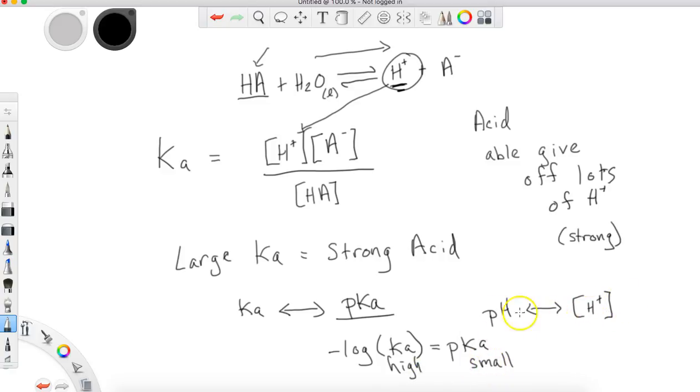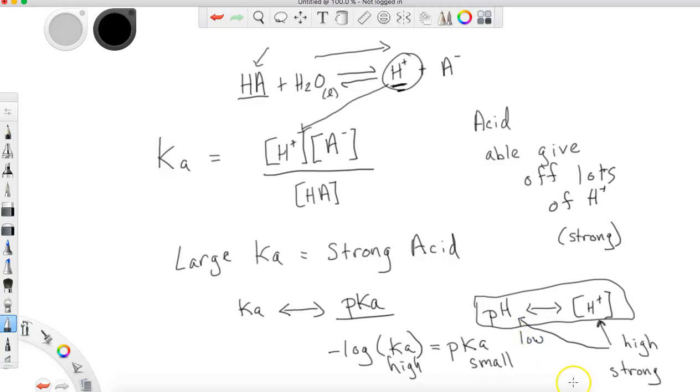And that makes sense. Think about it for pH for a second. Most people know the pH scale: a high H plus concentration means you have a strong acid, so the inverse means that a low pH is going to be a strong acid.